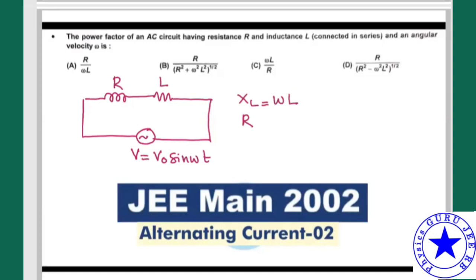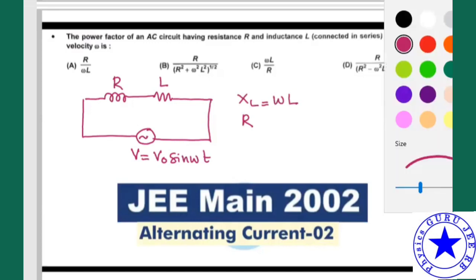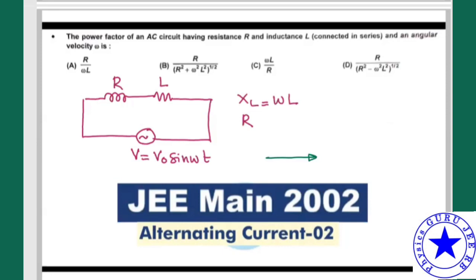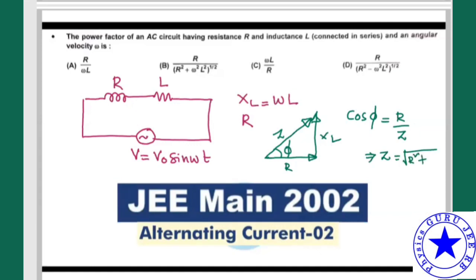If I draw the impedance triangle for this question, here is R as well as XL. Now if you join this line, we get the impedance Z, and this is phi. From this, the power factor cos phi, as we discussed in the classroom coaching, is equal to R by Z. The impedance is the resultant, equal to the square root of R square plus XL whole square.